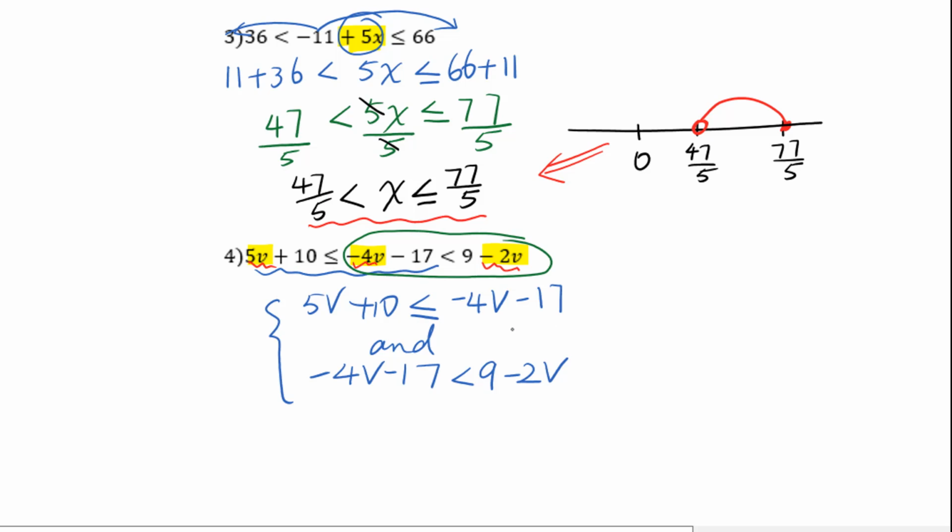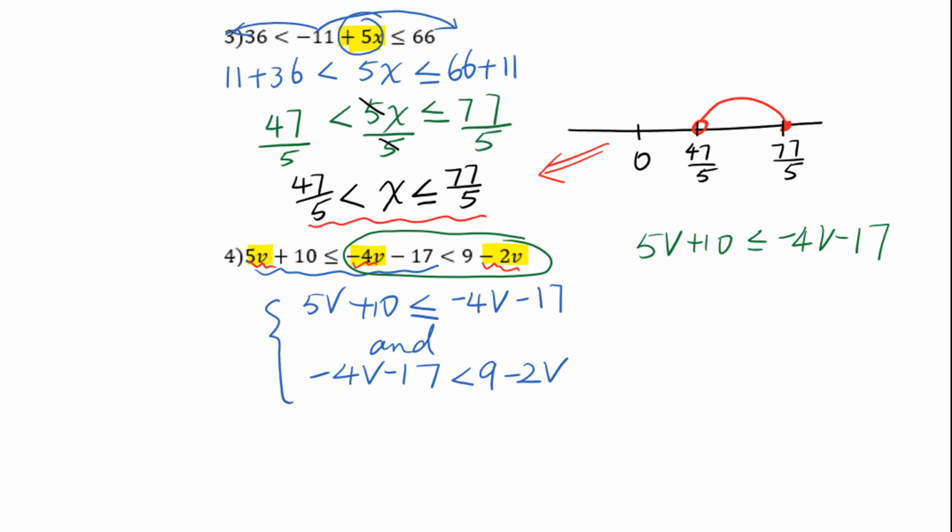Then we solve these two inequalities separately. 5v plus 10 less than or equal to negative 4v minus 17. Isolate the variable on one side. So cross the river, change the sign.